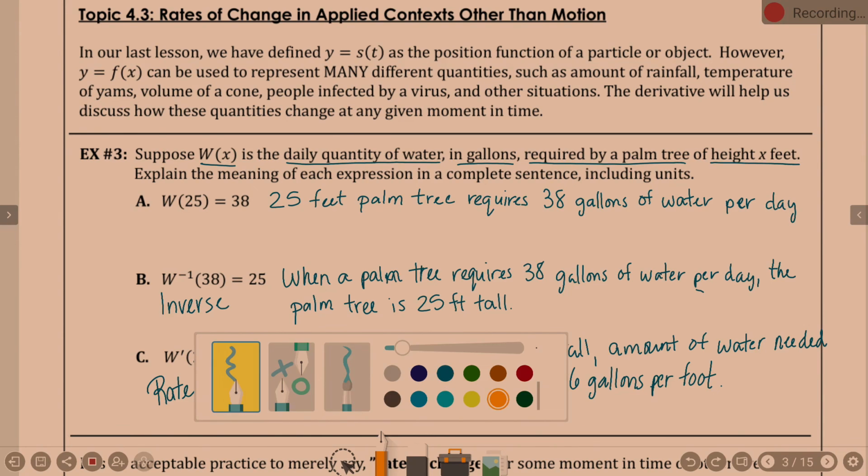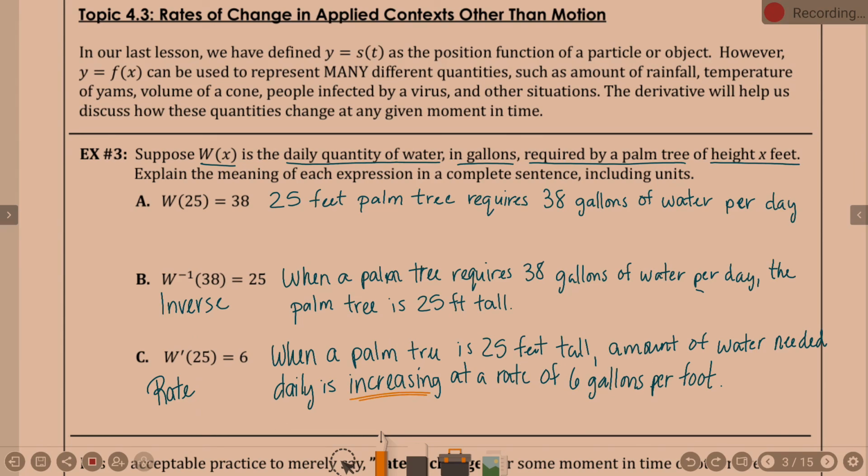And we said increasing because it was positive. It's rate of change. And we will pick up there tomorrow. And we need to make good progress tomorrow.